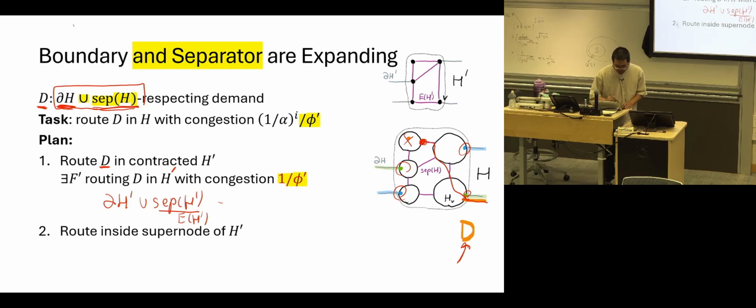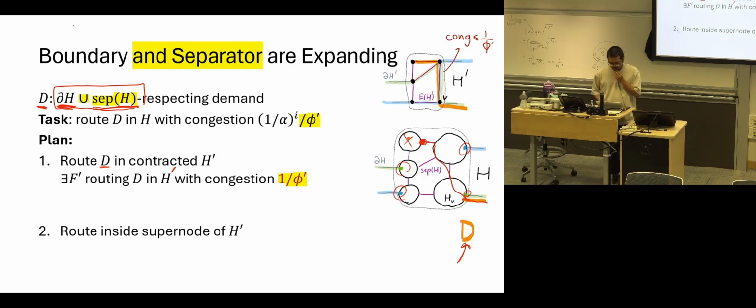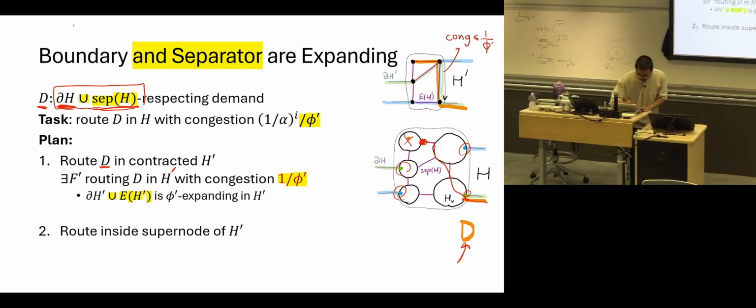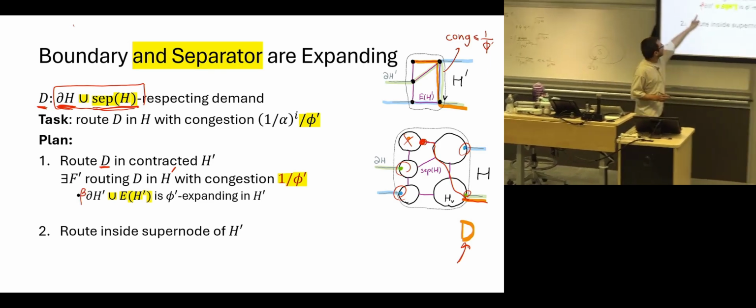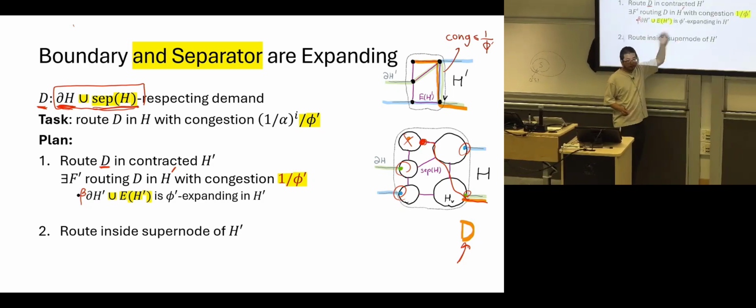So this thing union with this thing is phi prime expanding too. So I can route this one with congestion 1/phi prime, just because even scaled up by beta, union with the H set, it is phi prime expanding.